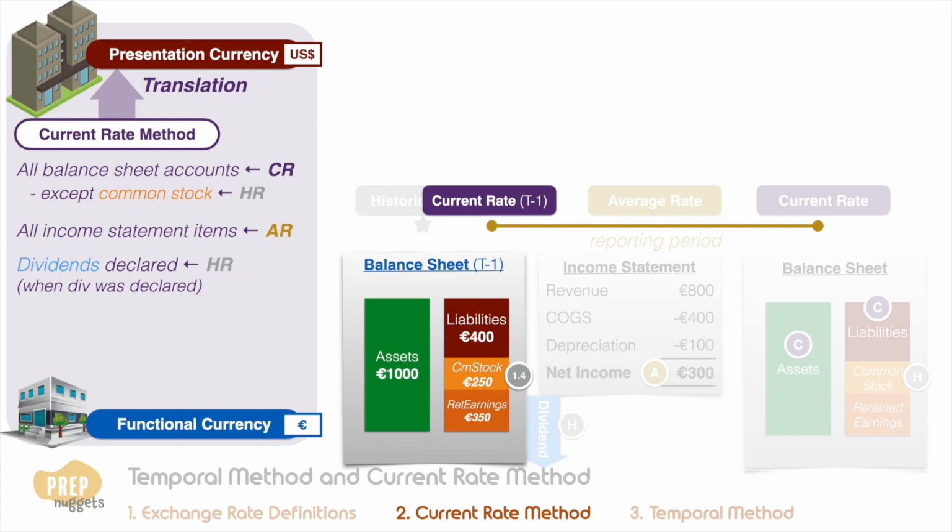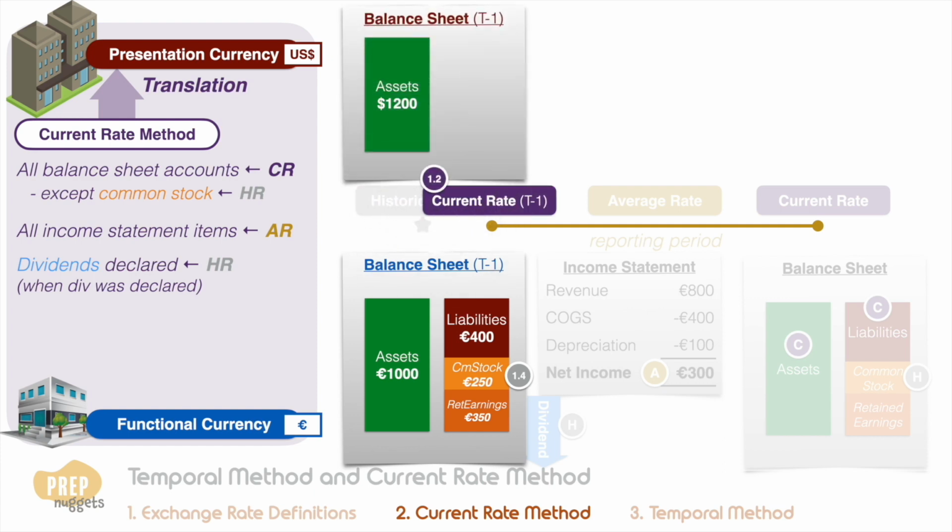Given that the current rate at this point was 1.2, we have $1,200 in assets and $480 in liabilities. Common stock has to be translated at its historical rate of 1.4, which is $350. Retained earnings is complicated and we'll explain it later. For now, take it that the accumulated retained earnings on this reporting date is $450.